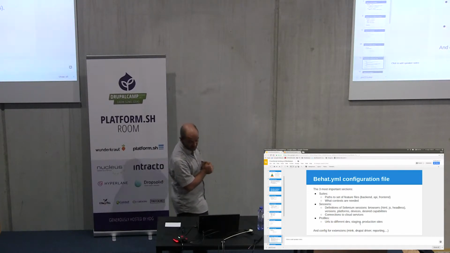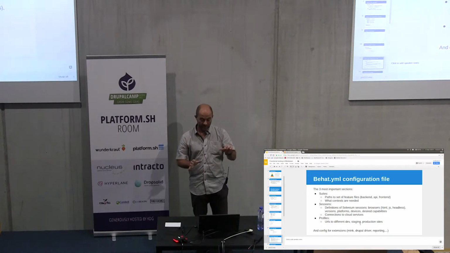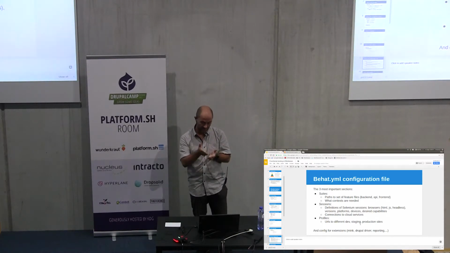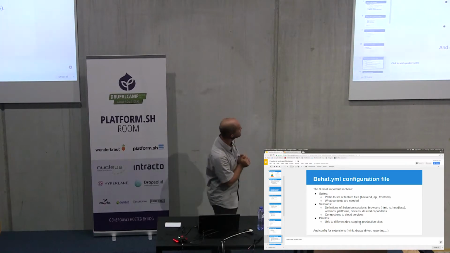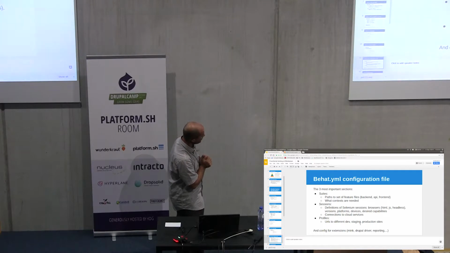There are three important sections in the configuration file, and that's where I really had a difficult time to know what do I put where, and this is the solution I came up with in the end. So the most important sections are the suites, the sessions, and the profiles. Now the suites have two different items in there.